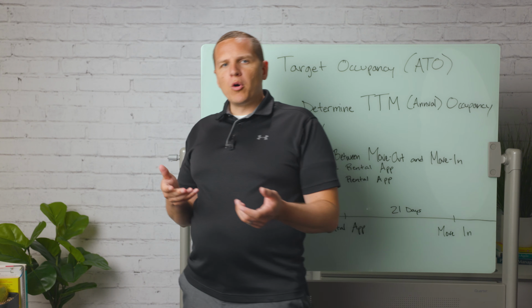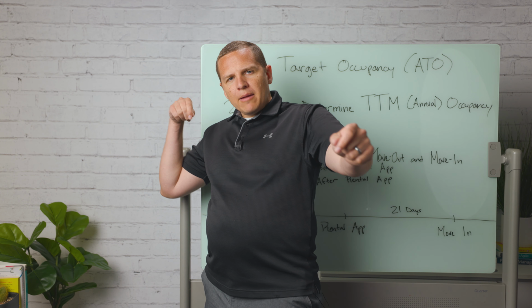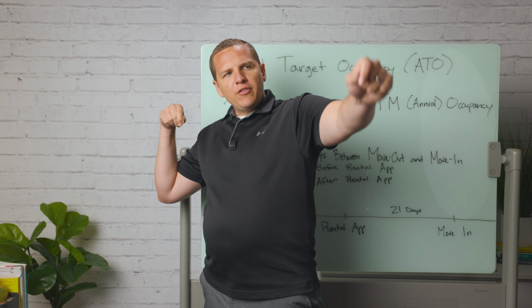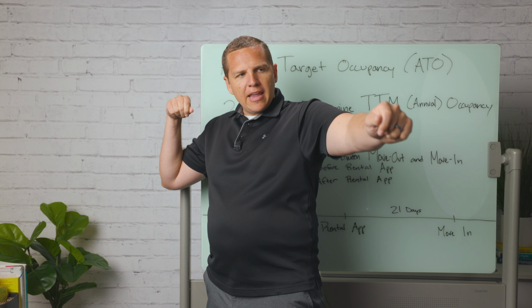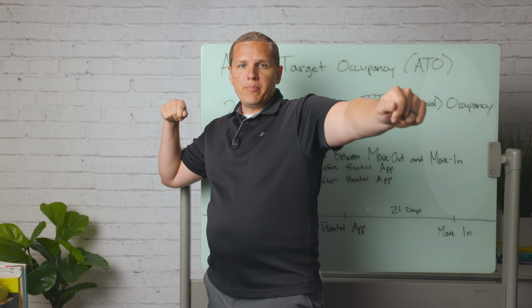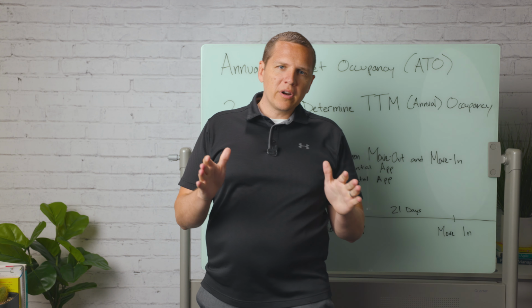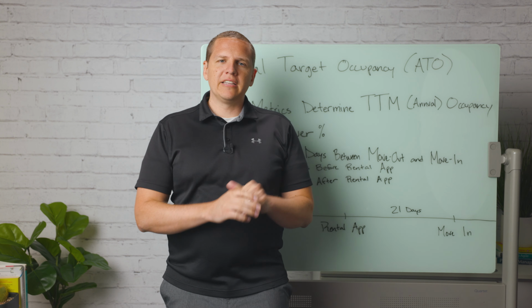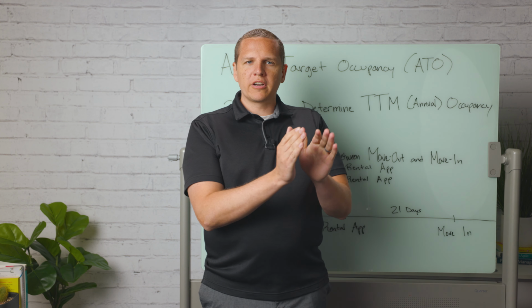Think about a bow and arrow. When you're aiming at a target, if you hit high, you're going to aim lower. And if you hit low, you're going to aim higher. This is what an annual target occupancy is. It's a true target.